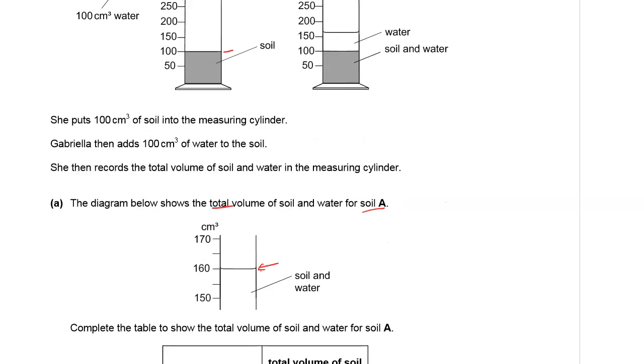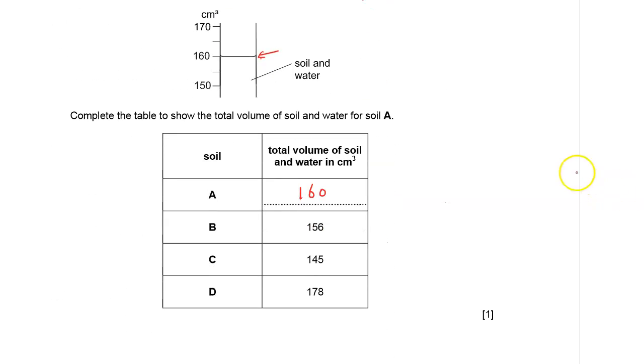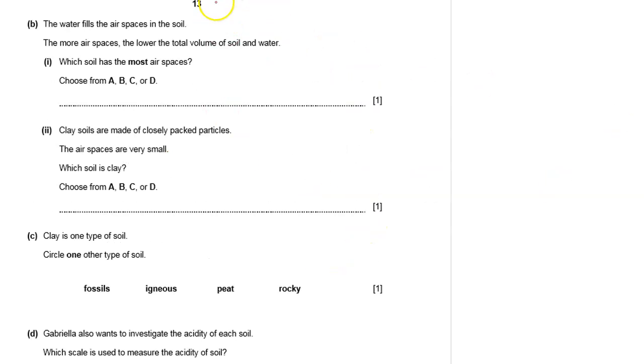So, which soil has the most air space? The soil that has got the most air space is the one which has got the lowest volume, which happens to be C. So, airspace takes in more water. So, the total volume is supposed to be less.